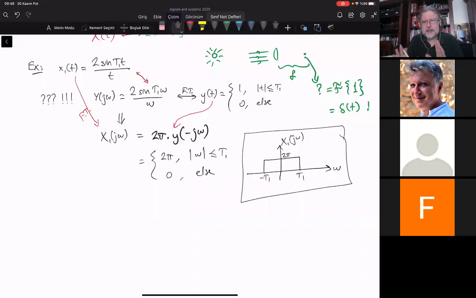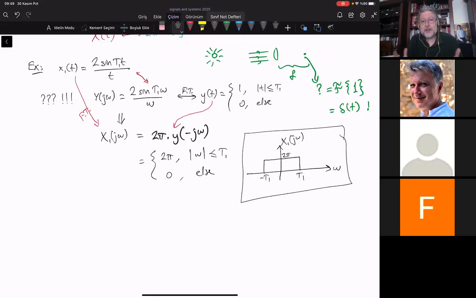This is the utilization of the duality property. Whenever you see a signal in the time domain that looks like a Fourier transform that you have seen before, please apply the duality property. Because if it is in the time domain but looks like the Fourier domain of something, the time domain corresponding to that will be the Fourier transform of your new signal. Okay, they are always appearing in couples.